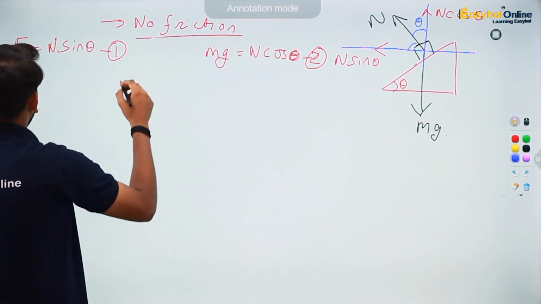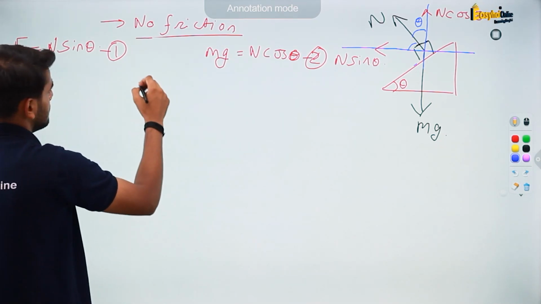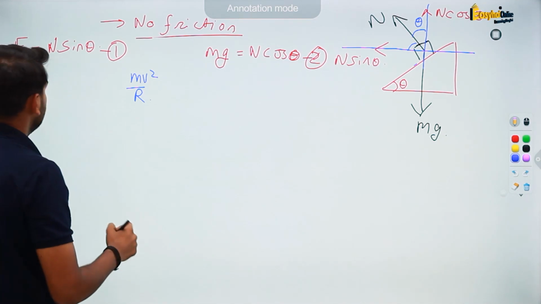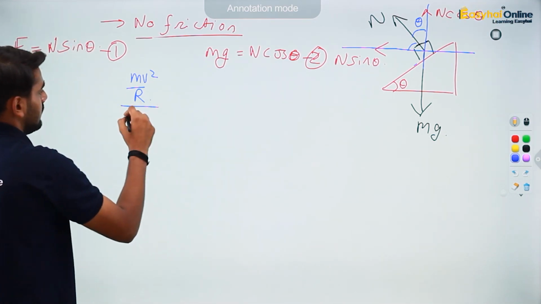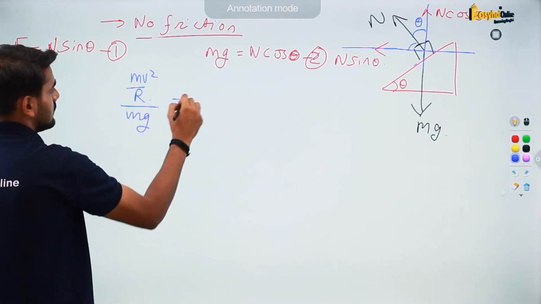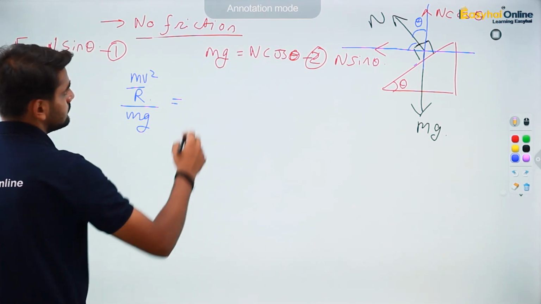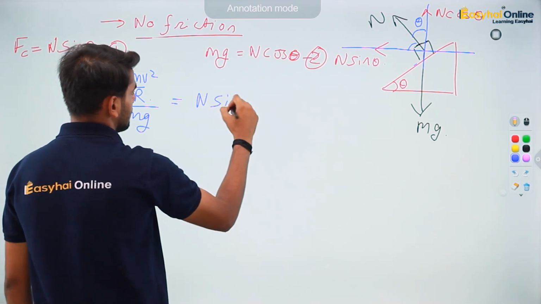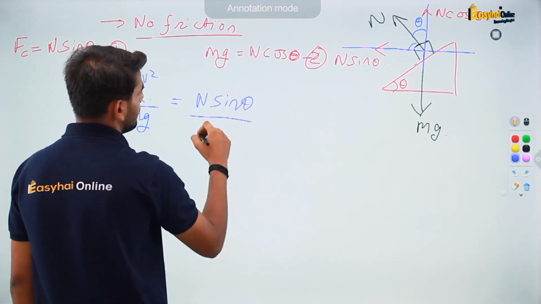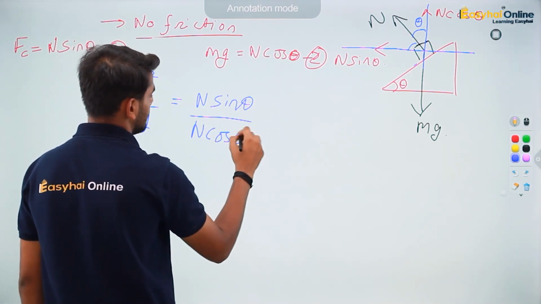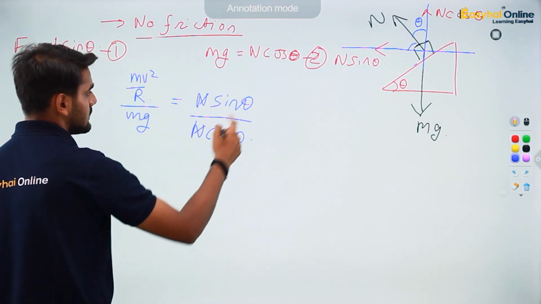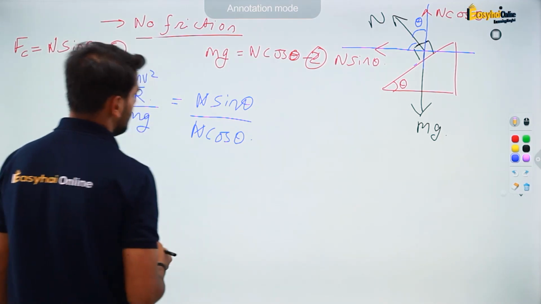So Fc, what is Fc? Fc is mv squared upon r, divided by mg, and this is equal to n sin theta divided by n cos theta. You can clearly see here n and n are going to cancel, and sin theta over cos theta is equal to tan theta.